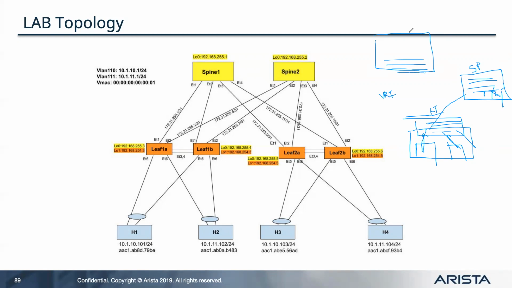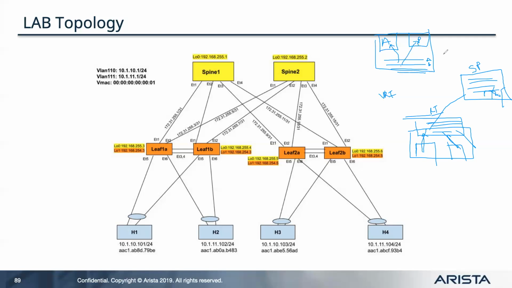Now this is VRF A and B. You have received all these routes, one route for VRF A, another for B. Now how do you import each route into the right VRF?